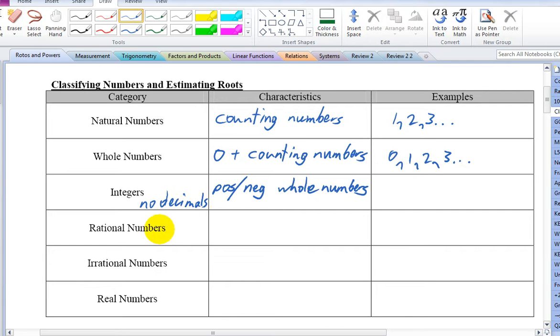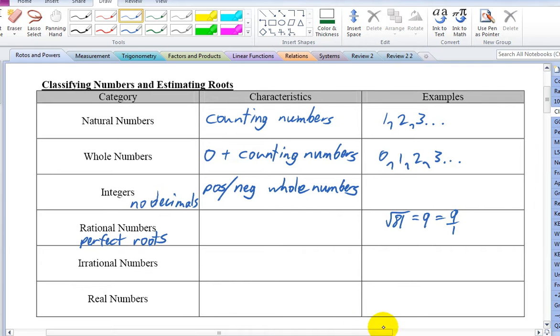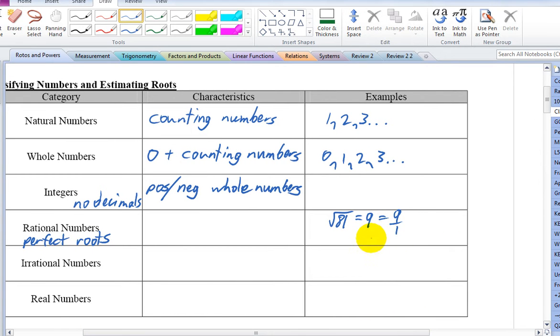So for rational numbers, these are what we call our perfect roots. Okay, so for example, square root 81, that equals 9, which equals 9 over 1, a fraction. Okay, or 0.21, which equals 21 over 100, a fraction. So you have to understand your decimal place and how to make it a fraction.